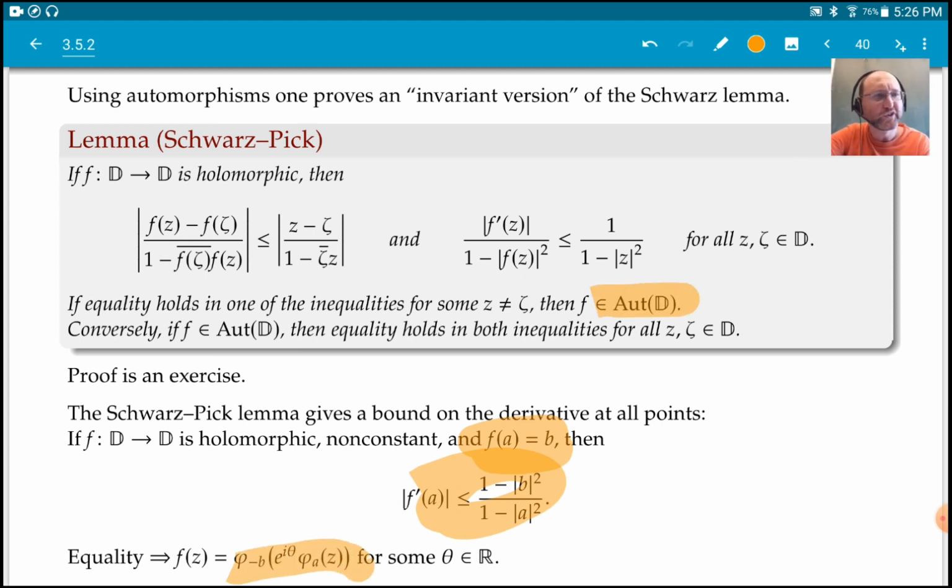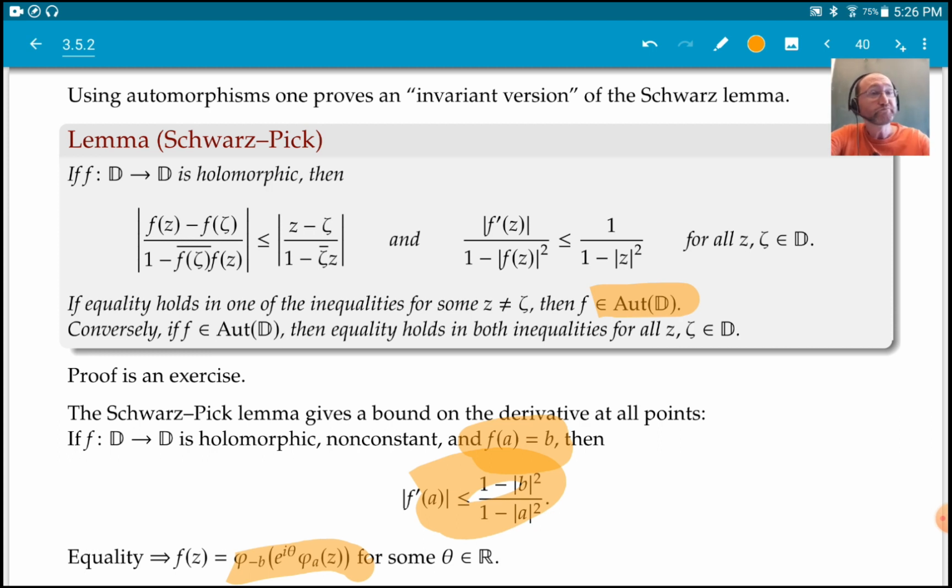You can easily find it, because it has to be the thing that takes a to b. There is some rotation involved because it's not unique. But yeah, here's the formula.